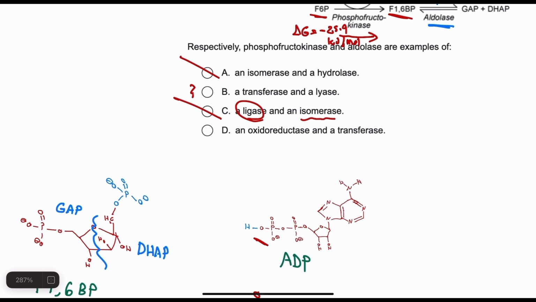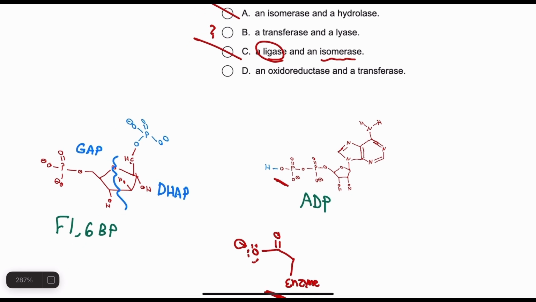D, an oxidoreductase and a transferase. Ooh, now this one, I would say this is the one that's a distractor. But you have to know, for an oxidoreductase reaction or enzyme to have happened, we have to have oxidized and reduced something.